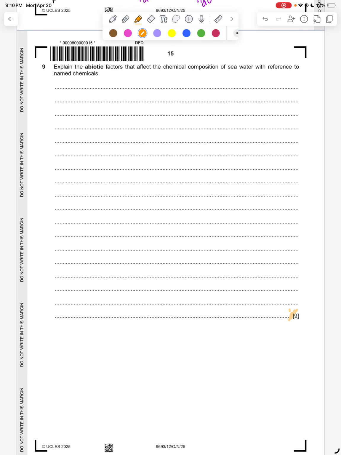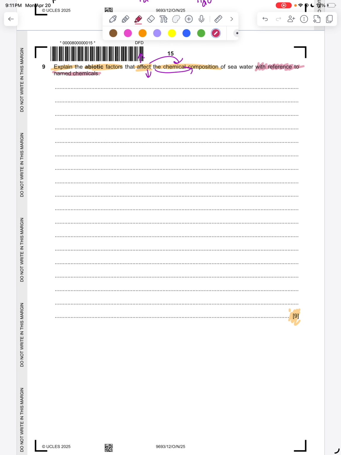I digress. That affect the chemical composition or the chemical makeup of seawater. If we're affecting it, we can either increase the chemical composition or we can decrease the chemical compositions that's in there. And then they say, give named examples with reference.